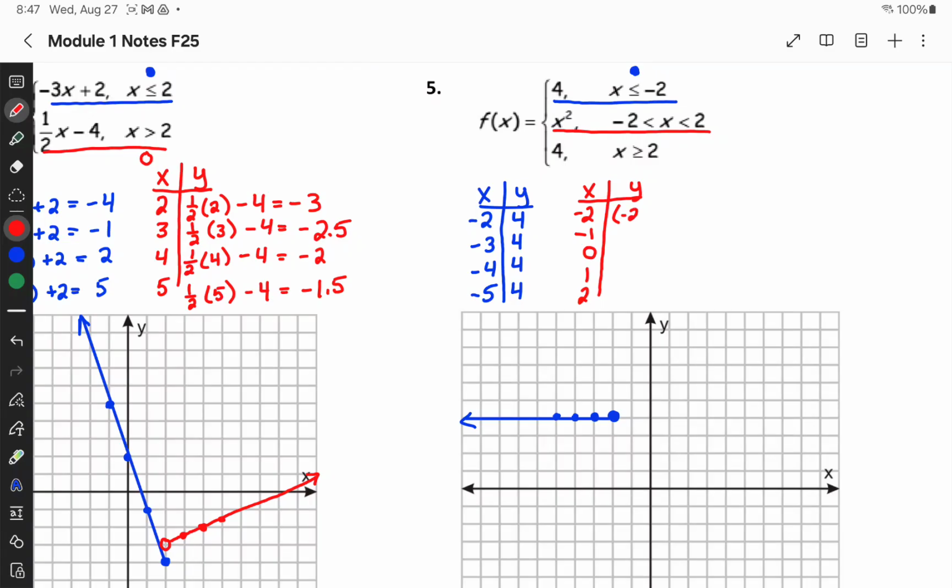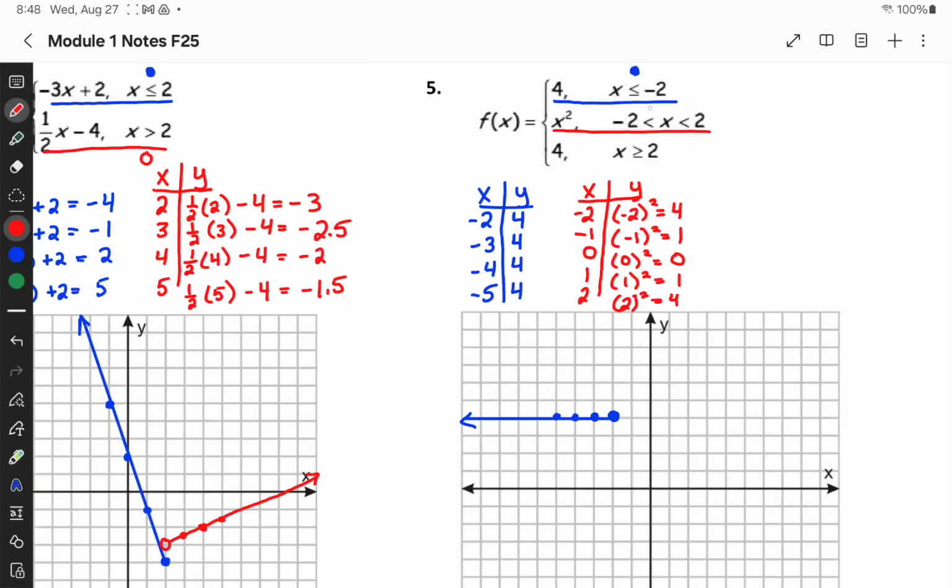So I'm going to take the first number, which is -2, and square it, which -2 squared is 4. Then I'll take -1 and square it. -1 squared is 1. Next, I'll take 0 and square it. 0 squared is 0. And then continue with 1 and 2. 1 squared is 1. And 2 squared is equal to 4.